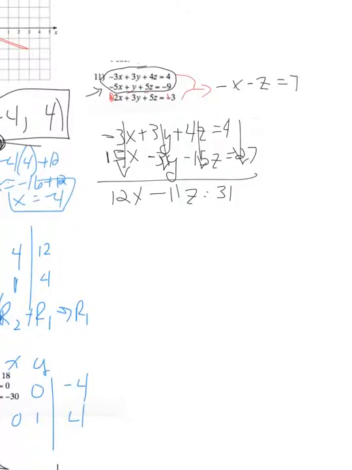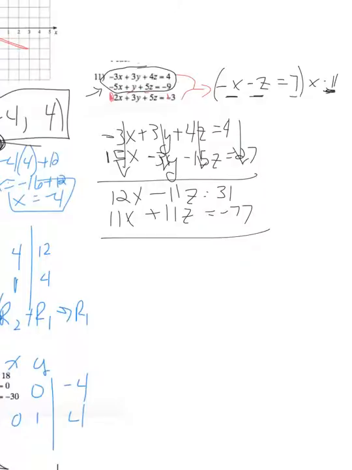In fact, I'm going to multiply it times negative 11. So I'm going to multiply this times negative 11 times this whole thing. So negative 11 times negative x will be 11x. Negative 11 times negative z will be positive 11z. And negative 11 times 7 will be negative 77.